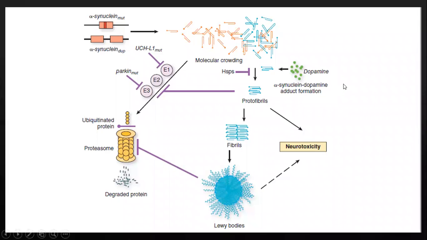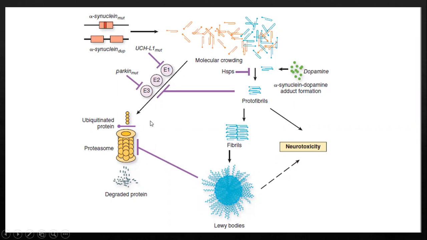Some of the mutations we see are alpha-synuclein mutations and alpha-synuclein duplication. All this results in accumulation or molecular crowding and profibril formation. They form extra adducts; there is alpha-synuclein and dopamine adduct formation. There are also other genes involved in the mitochondrial electron transport chain as E1, E2, E3.